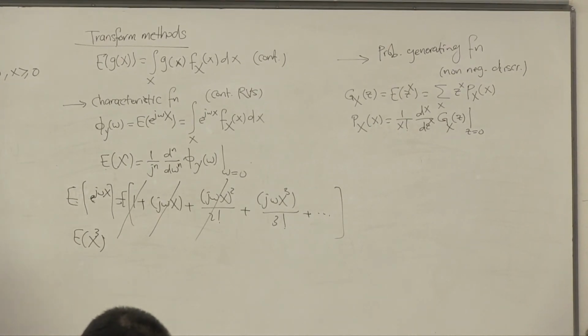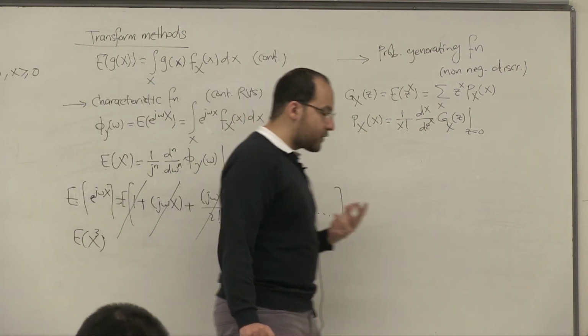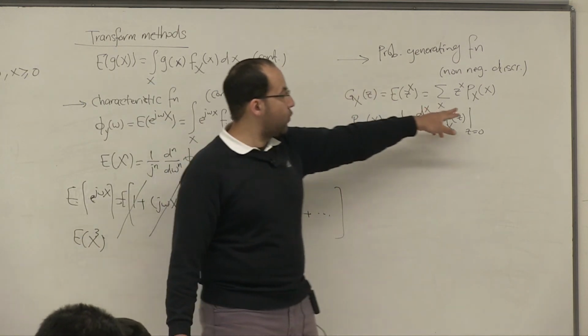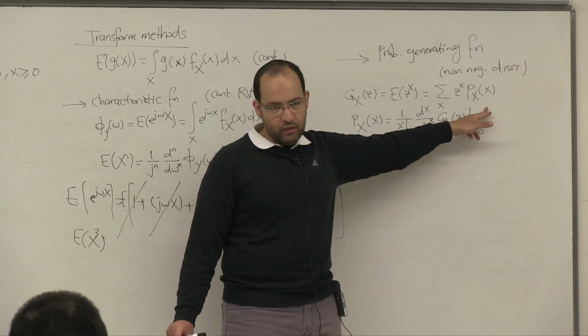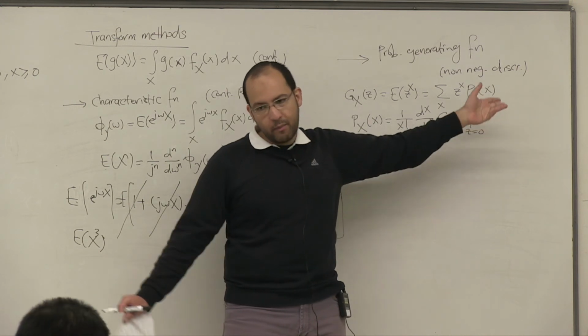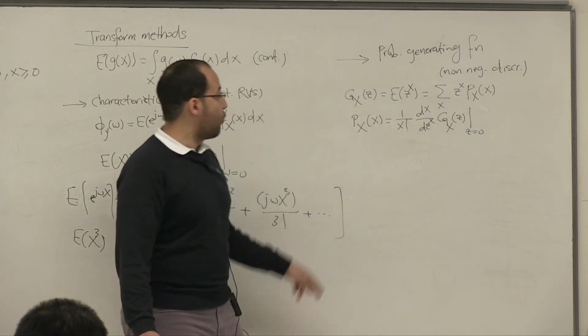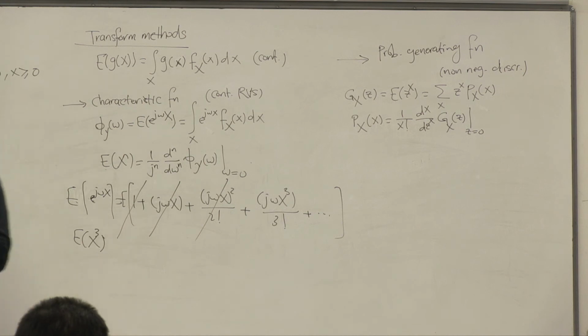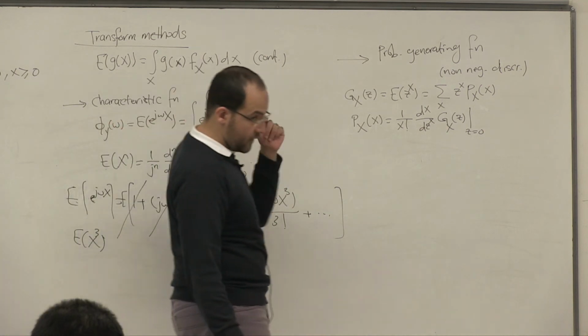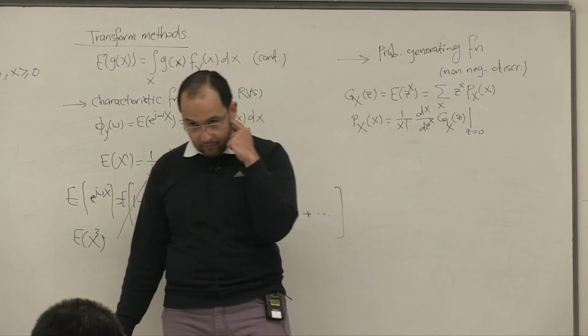Question for you. The z transform, or just look here. So we know that p x of x is a discrete function, right? This is a PMF. It's a discrete function. Would that result in g x of z as well being a discrete function? So p x of x is a discrete function. How about g x of z? Is it a discrete function in z?